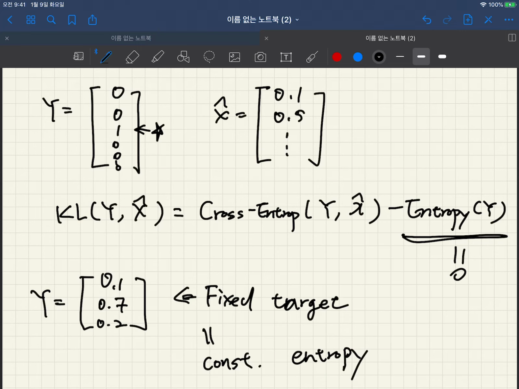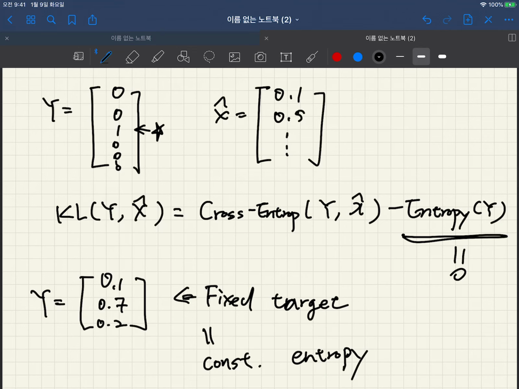Right, but this is not the end of the story. Very recently, we have many applications where we can control the y value as well. We can control the target distribution as well. In that case, because we can control the y distribution as well, entropy is not constant.